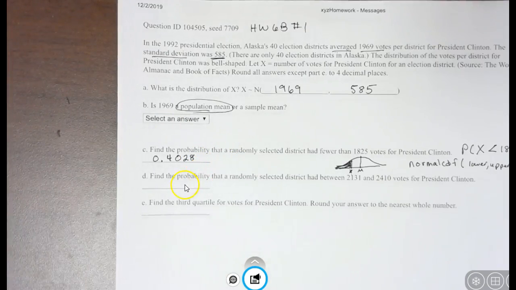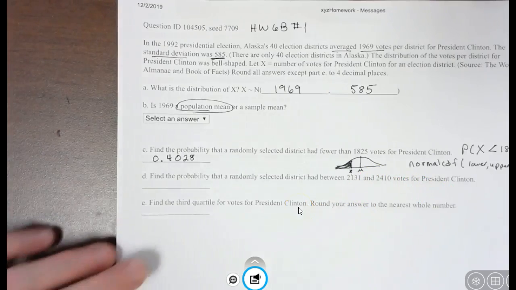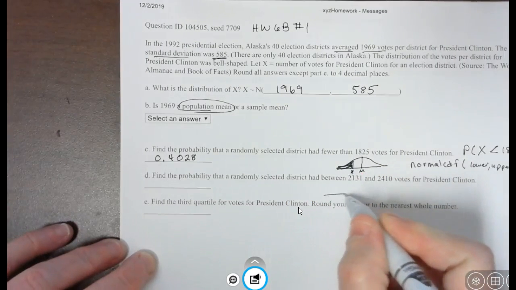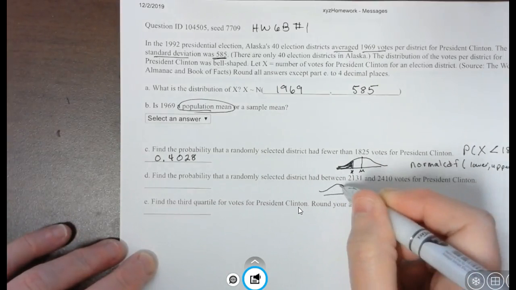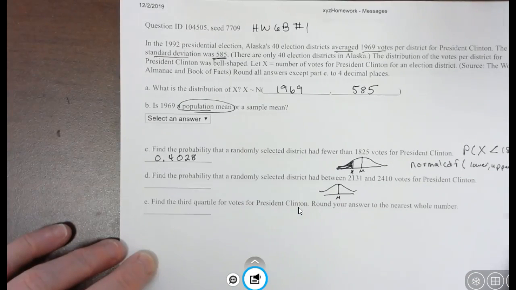So let's look at the next question. Find the probability that a randomly selected district had between 2,131 votes and 2,410 votes for President Clinton. So again, I'll draw a picture of our normal distribution. There's our mean, and remember, it's 1969.